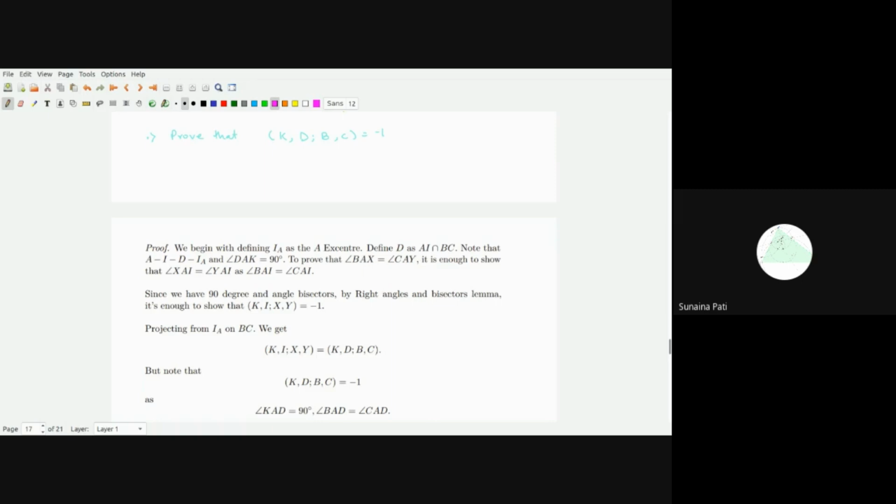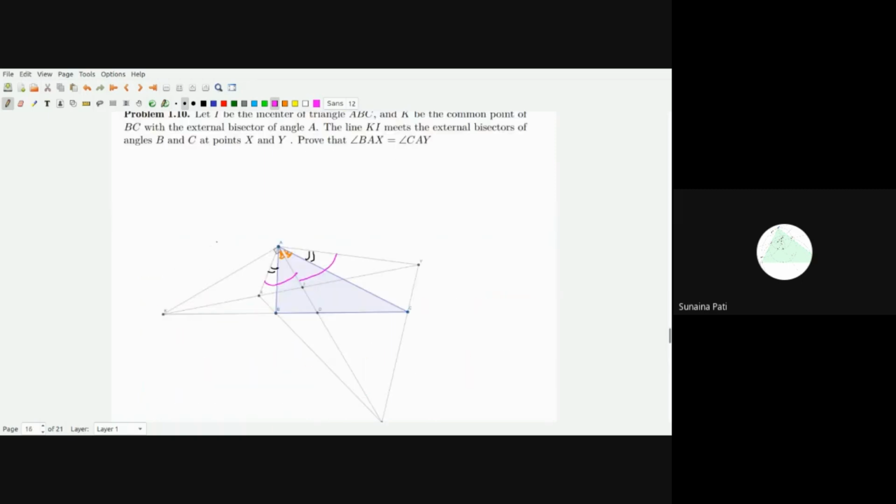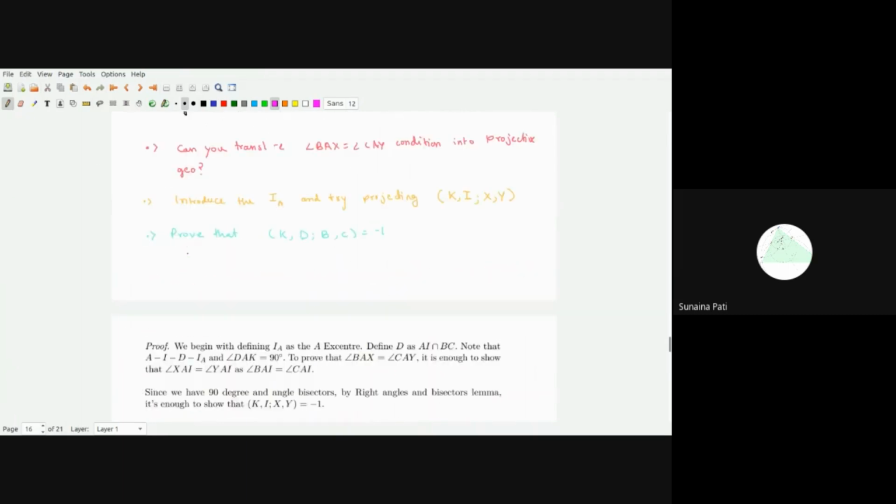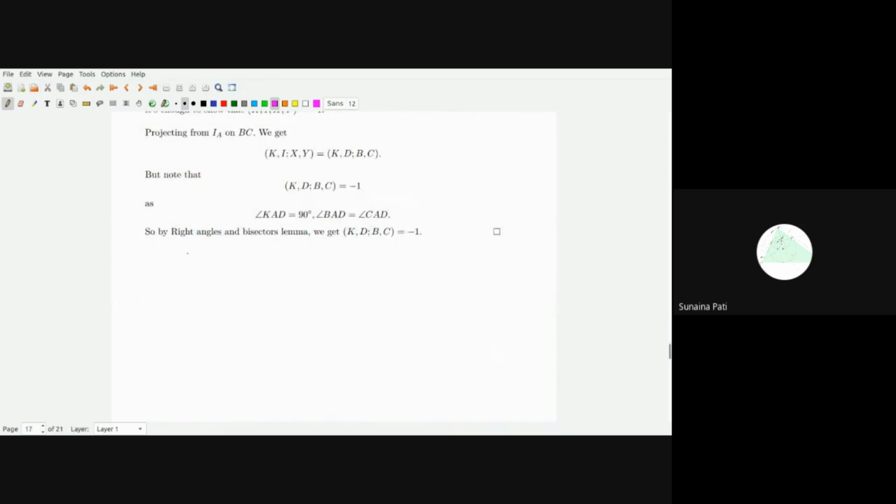I guess no. Okay, so this was from Sharygin 2022. I just don't remember, I think it was P19. Sharygin 2022 P19. I don't know why it's P19.